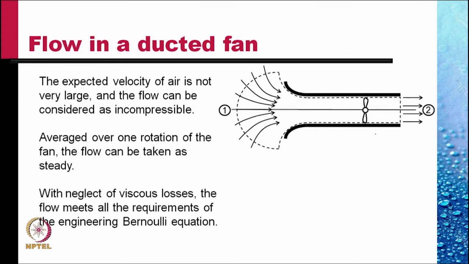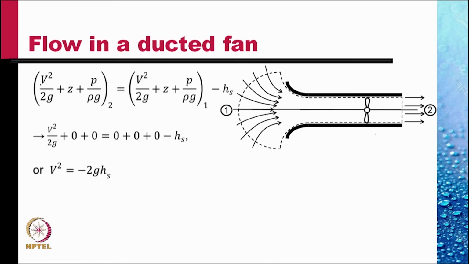If the air velocity within the duct is not very large, the flow can be considered incompressible. Averaged over one rotation of the fan, the flow can be taken as steady. We neglect the viscous losses. The flow meets all the requirements of the engineering Bernoulli equation, and so we apply this equation.